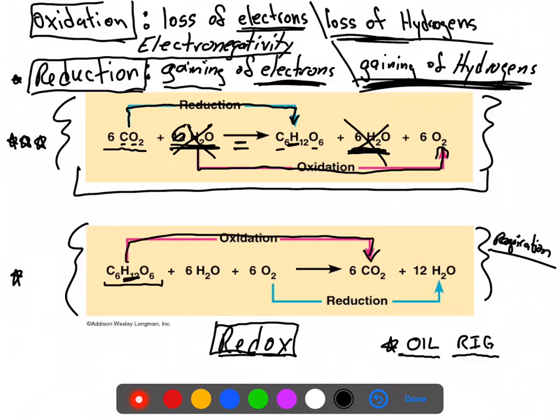Here's sugar. It's got its hydrogens, but if you follow the arrow, sugar now appears as loose CO2 without the hydrogens. So isn't that reversed, like what we saw in the reaction above? Yeah, so we break down sugars, release the energy.